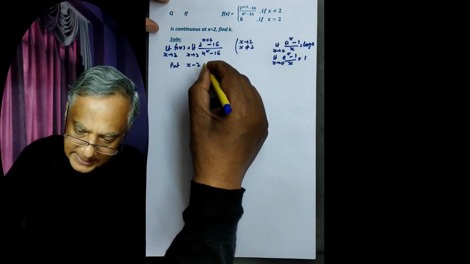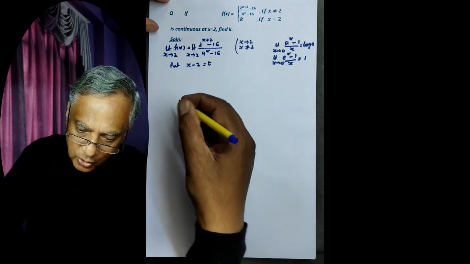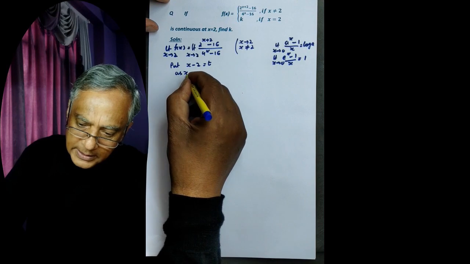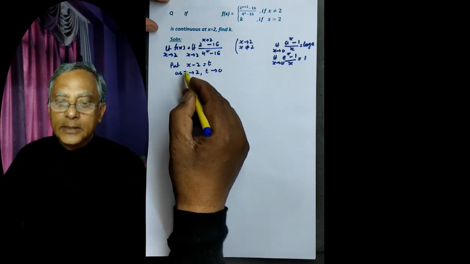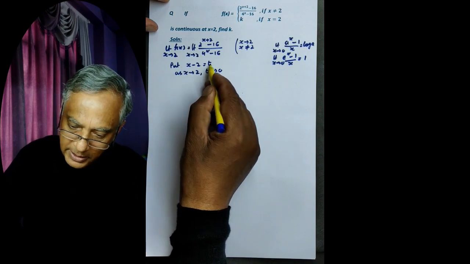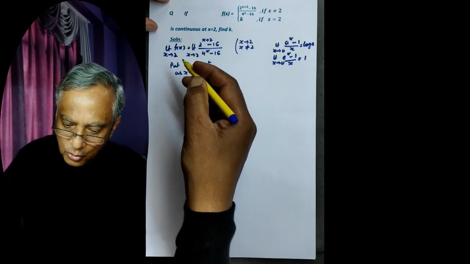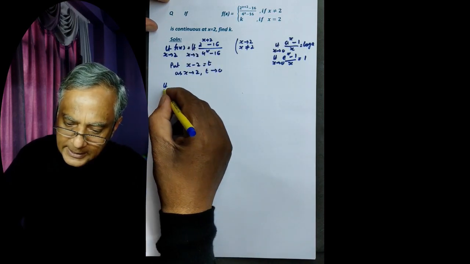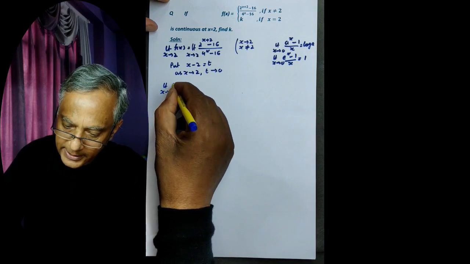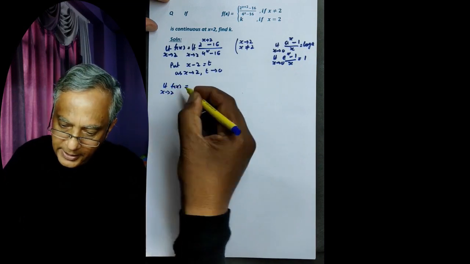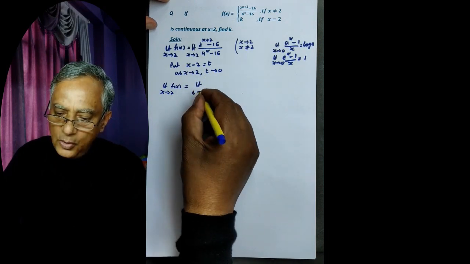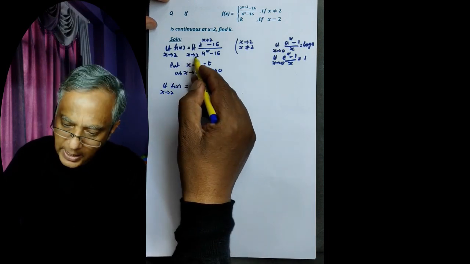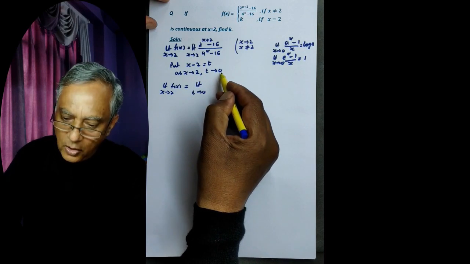Now as x approaches 2, t will approach 0. So limit x approaches 2 of f(x) can be written as limit t approaches 0, and this will be 2 to the power of, now x.